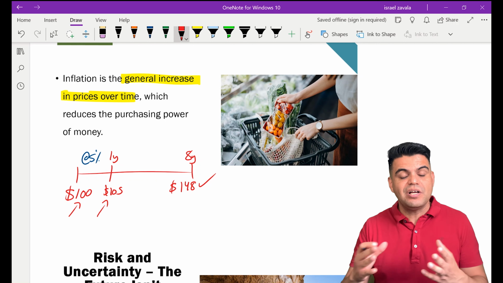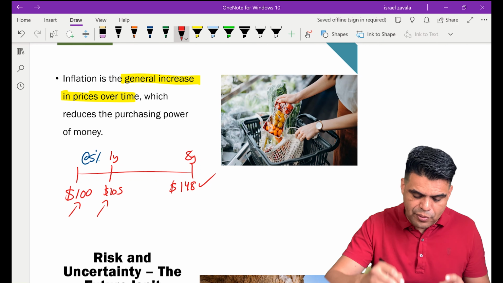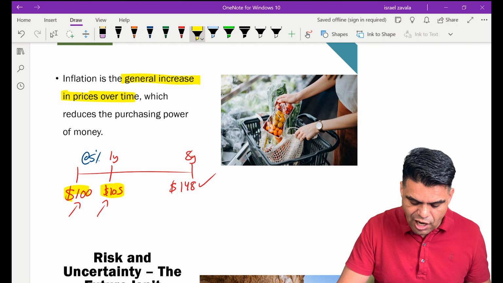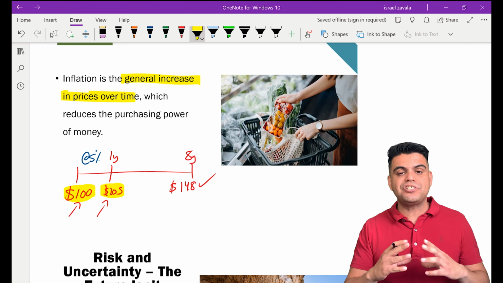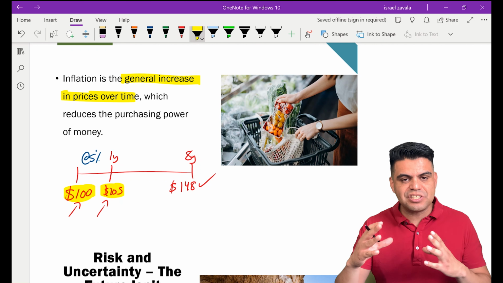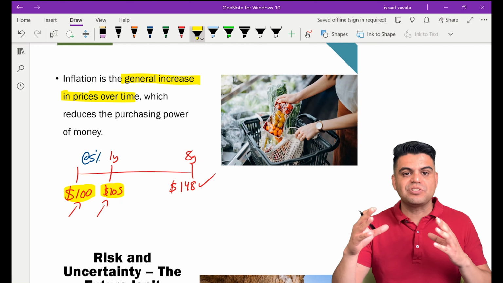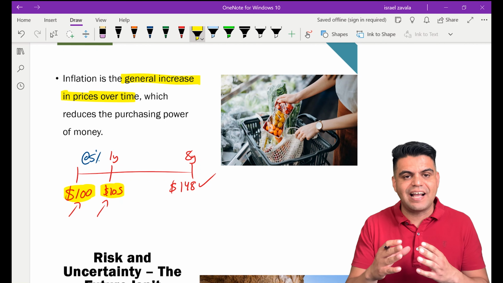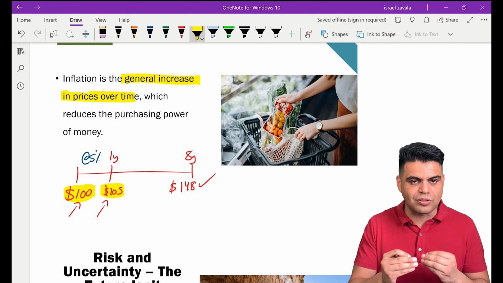You see what I mean? So this is really important. So this $105 is actually worth $100 today because they purchase you the same amount. That 105 is worth $100 in today's money. That's why the dollar amount is actually smaller.